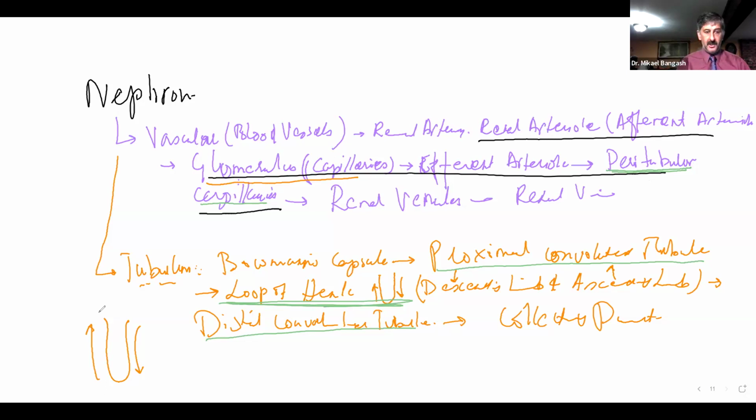So each nephron, whatever they produce is going to be given off into what we call a collecting tubule. Any questions?